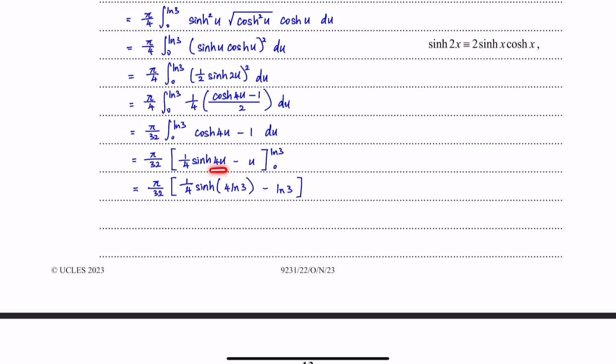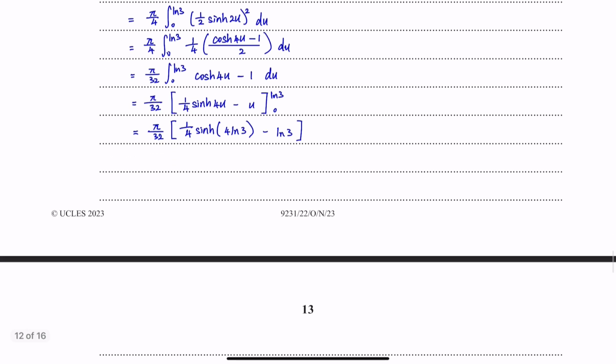Because sine 0 is 0 and this is also 0 when I sub 0 in, so I'm just going to ignore them. And how do we find this value? Remember, we can use this definition.